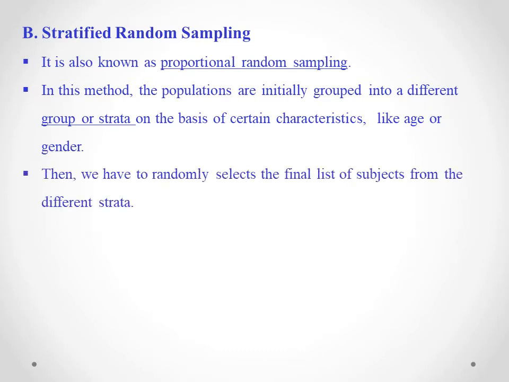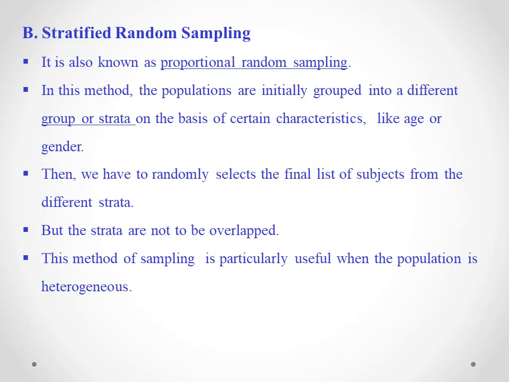Then we randomly select the final list of subjects from the different groups or strata. But the strata are not to be overlapped, that is, an item should not be selected again and again. This method of sampling is particularly useful when the population is heterogeneous.